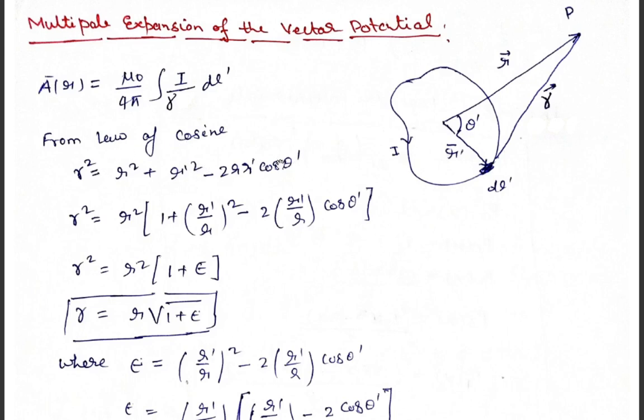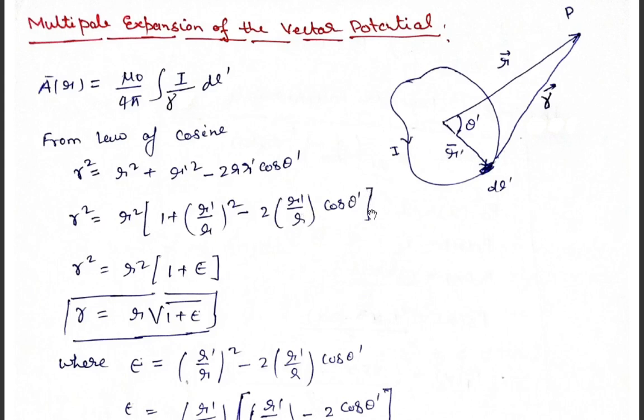From the law of cosines, we can take r square as common. So gamma square is equal to r square in bracket 1 plus r prime upon r whole square minus 2 r prime upon r cos theta prime.